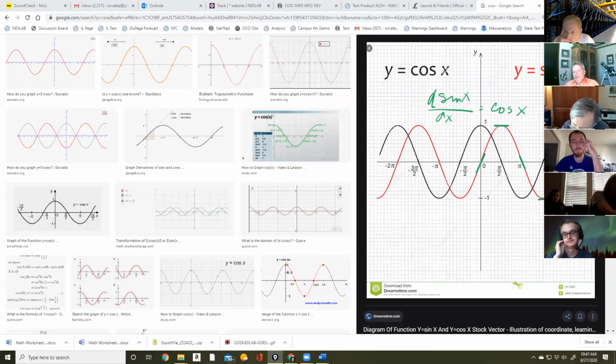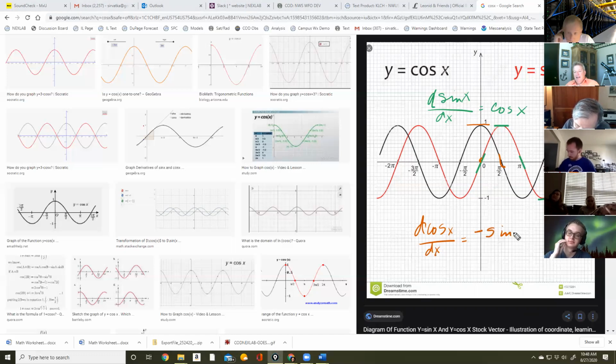Okay, let's look at the other way around. What is the value of the slope of the cosine? 0. What's the value here of the slope? -1. But the sine is 1, so the derivative of cosine of x with respect to x is going to be the negative of sine x.